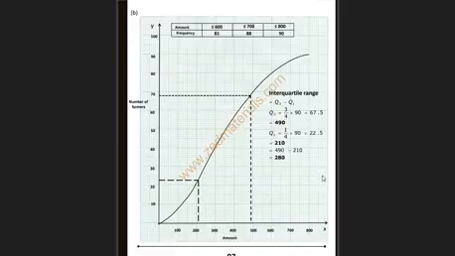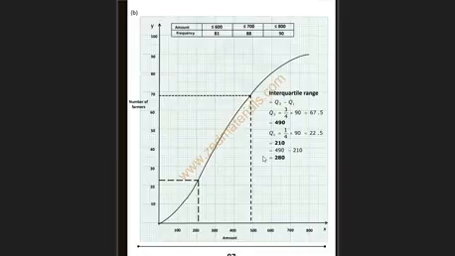Now we have measurement in the horizontal and in the vertical. This is the horizontal, this is the vertical. Going up like that is the vertical, and going like this is the horizontal. Now, apart from that, there are some rules that are important when you're plotting a graph.